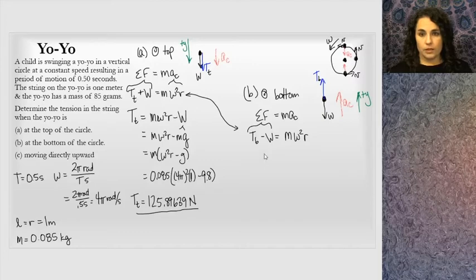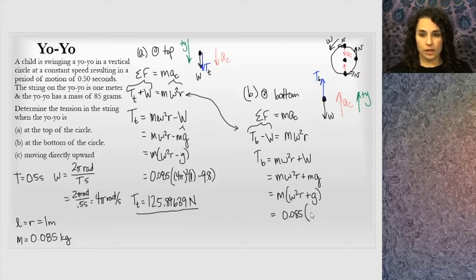Okay. Let's solve for T bottom. T bottom equals m omega squared r plus the weight. And you can probably see where this is going. I'm going to plug in mg here. I can gather m out front and have omega squared r plus g. I can plug in numbers, 0.085 times 4 pi quantity squared.